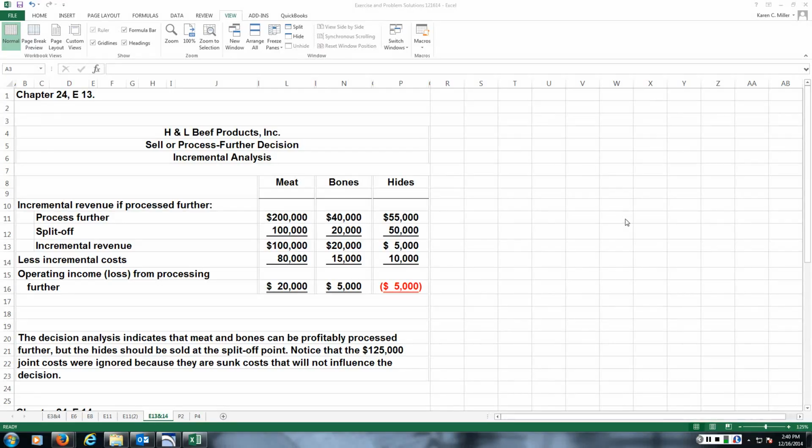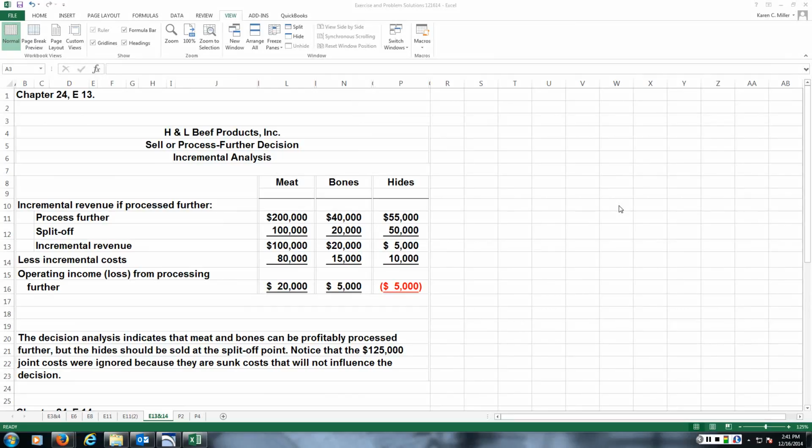So they tell us that the cost of the cattle and of transporting, hanging, storing, and cutting the sides of beef are $125,000. Additional information shows us, if you will look in your text, the revenue for meat, bones, and hides if we sell them at the split-off point. So when we get to the point where we could sell the meat to someone else or process it further to final cuts of steak, if we just simply sell that meat to someone else and let them process it, we would generate $100,000 worth of sales.